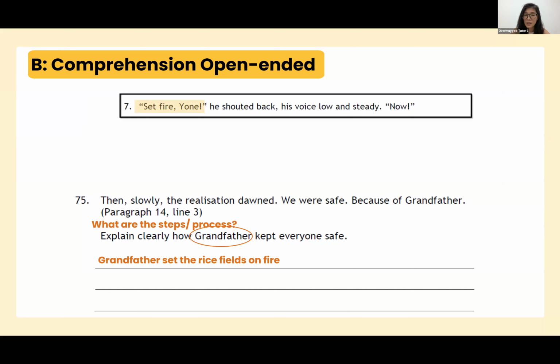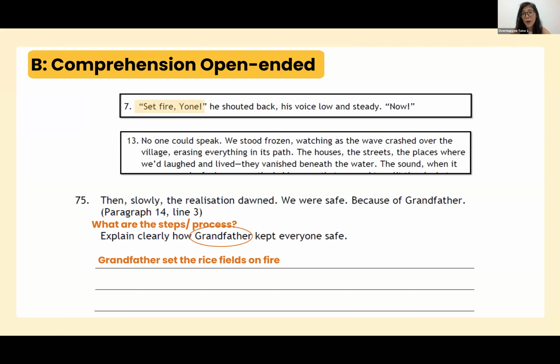But what's the next thing? The next thing has to be inferred from paragraph number 13. "No one could speak. We stood frozen, watching as the wave crashed over the village. Everything in its path. The house, streets, the places, they all vanished." But at that point, when the villagers were watching this, where exactly were they?